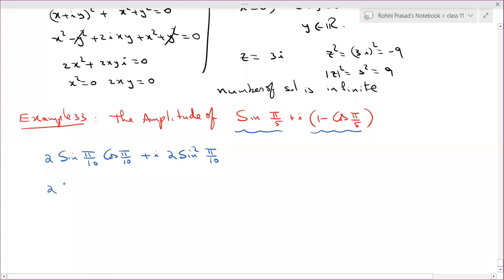And you can take the 2 sine pi by 10 common. That would be the modulus, and cos pi by 10 plus i sine pi by 10. So cos pi by 10 plus i sine pi by 10 is of the form cos theta plus i sine theta. So the amplitude equal to pi by 10. That's the answer.